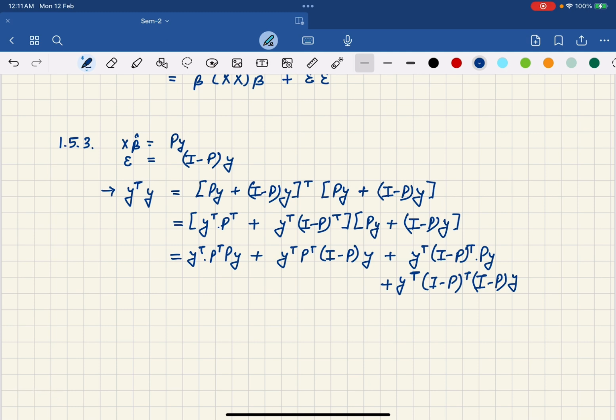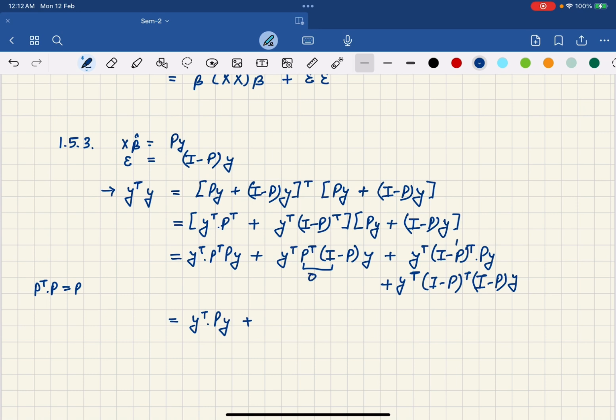Okay, so since P and I minus P are idempotent matrices, they also have this property that P transpose P is equal to P. So when you simplify this, you will get y transpose Py plus, since P and I minus P matrices are perpendicular to each other, their multiplication will result in 0.